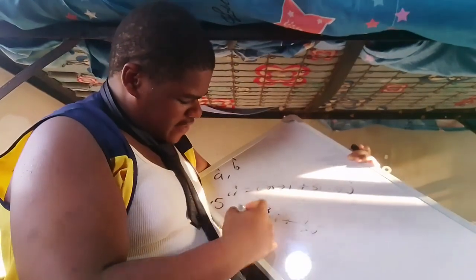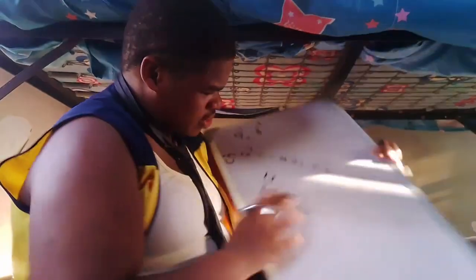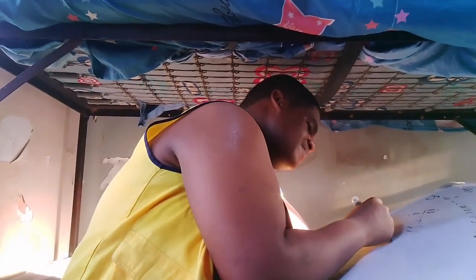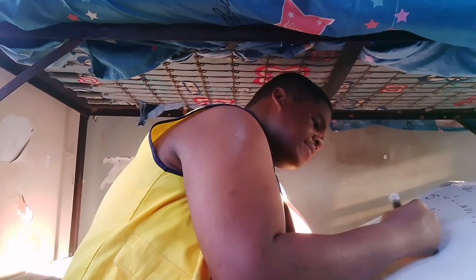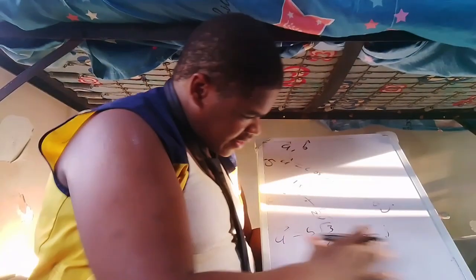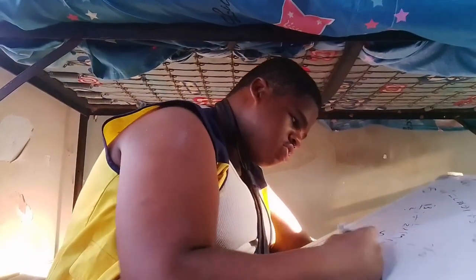So if I multiply this by 5, I have 5 root 3. Let me just write it vertically, because I cannot write while bending the board. So vector A is now equal to 5 root 3 over 2 i plus 5 over 2 j. Now let's say I want another vector that has a magnitude of 4.